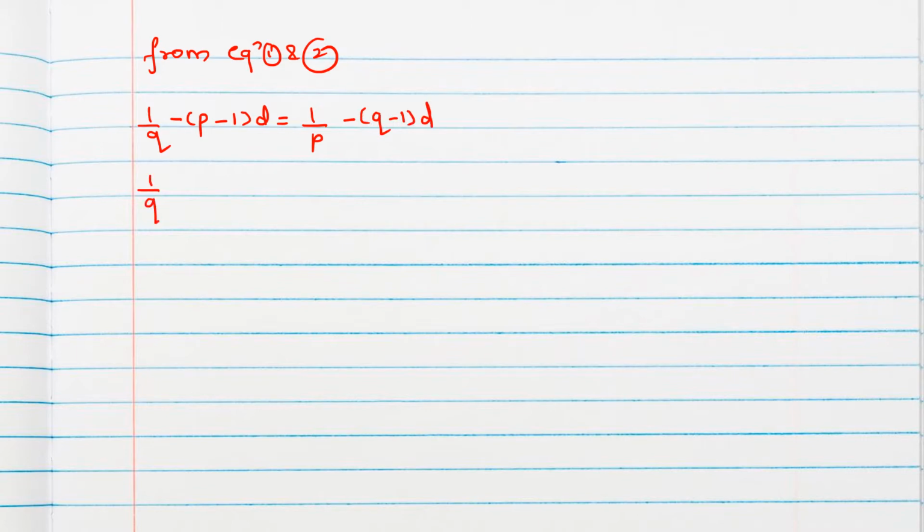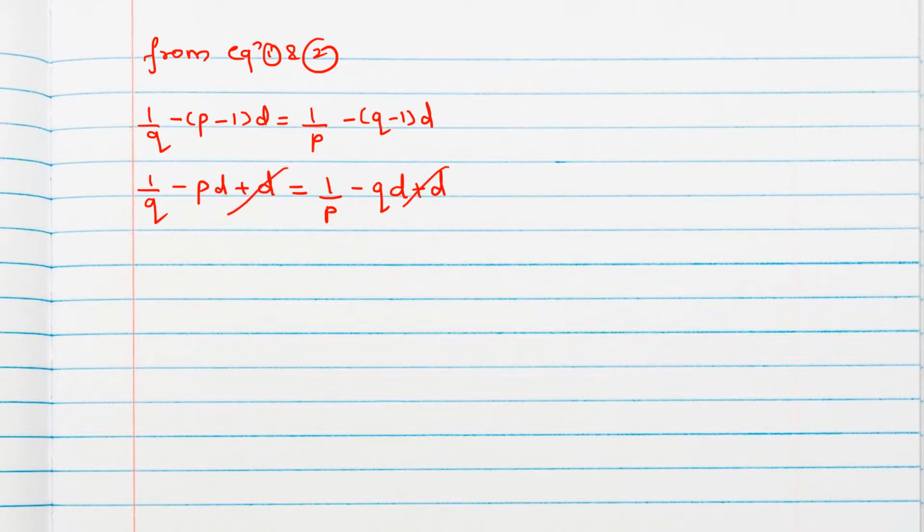Now we can open the brackets: minus pd, minus minus plus d. Here also, minus dq or qd, minus minus plus d. So from both sides d we can cancel.